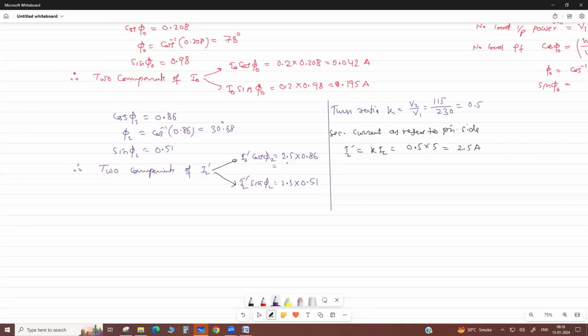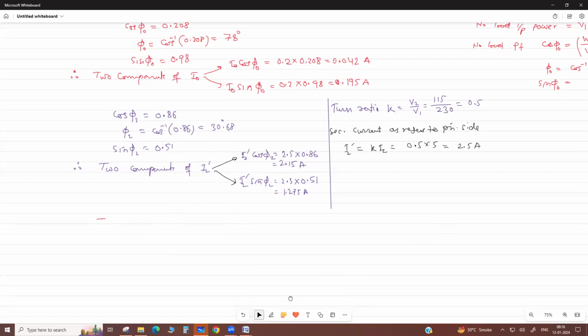So it comes 2.5 into 0.86, that is 2.15. And this is 2.5 into 0.51, that is 1.275. Now we add.